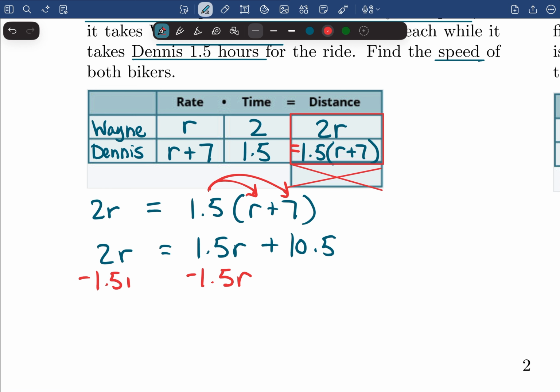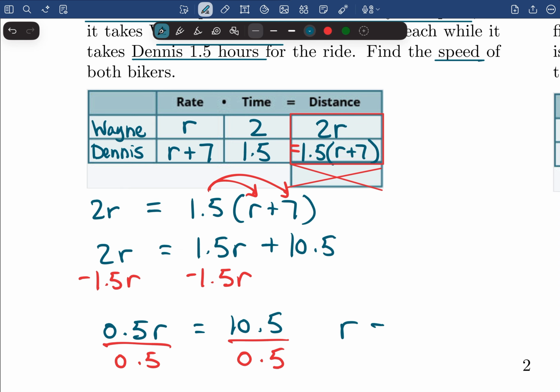So I'm going to subtract 1.5 times R from right to left. And so now my new equation, 2R minus 1.5R, gives me 0.5R, which is equal to 10.5. And now to finish, I'll divide by 0.5 from left to right. I've gotten R by itself, and it's equal to 10.5 divided by 0.5, which is 21.